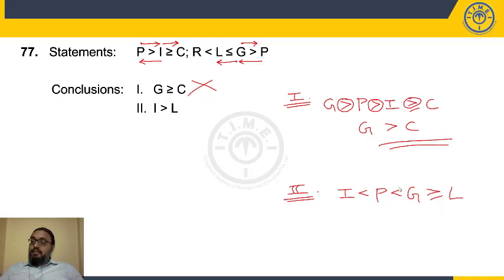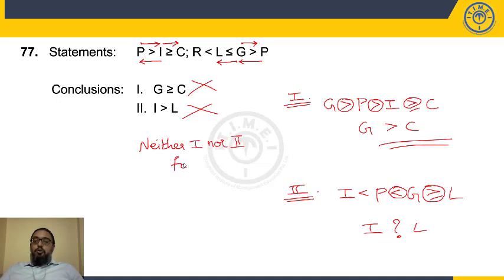Now what is happening here? Again, if you see, there are opposite inequalities between the elements that are asked in the conclusion. So there will not be any conclusive relation between I and L, and hence you should say does not follow. So my answer to this is neither 1 nor 2 follows, which is choice 4.